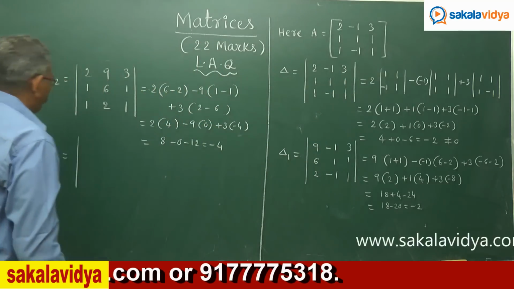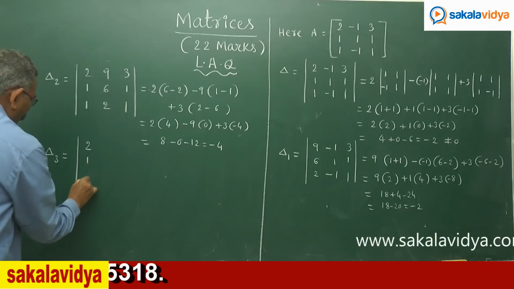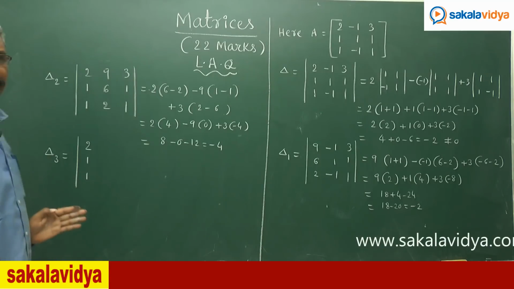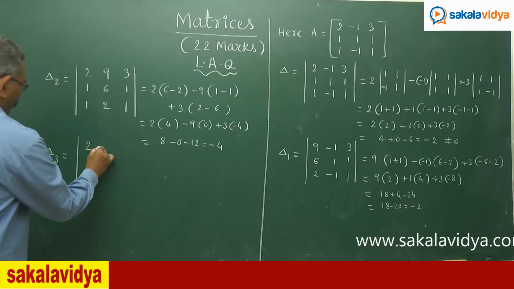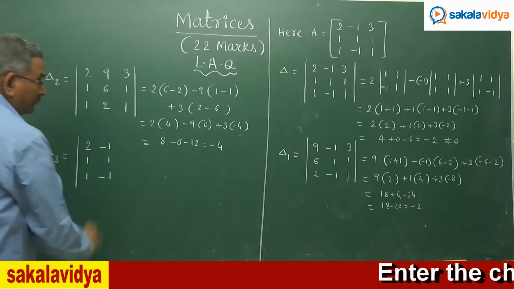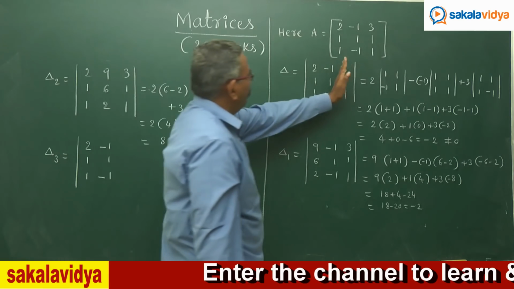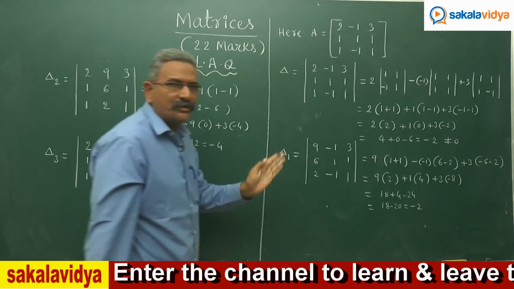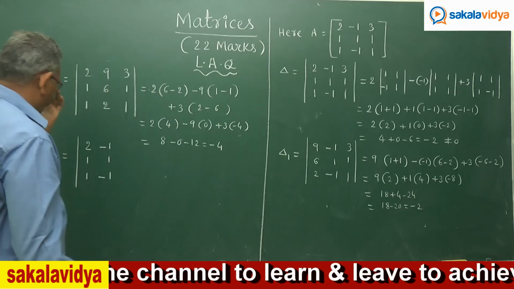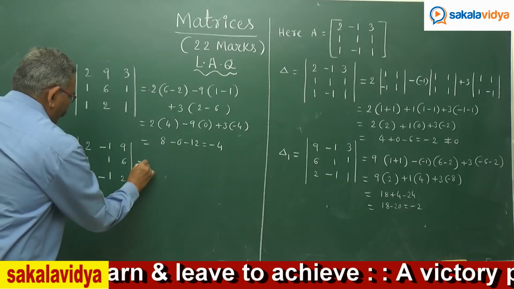So, here 2, 1, 1 is kept constant, minus 1, 1 and minus 1. Next, this is replaced by 9, 6, 2, which is the constant matrix. Let us expand it.